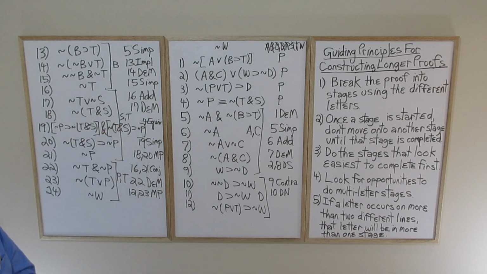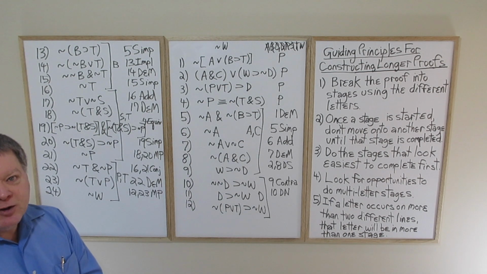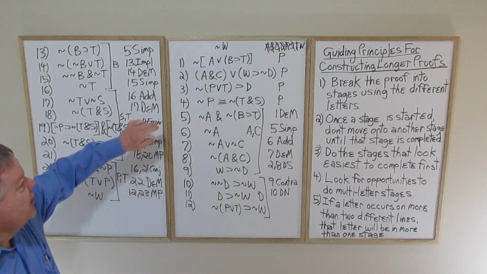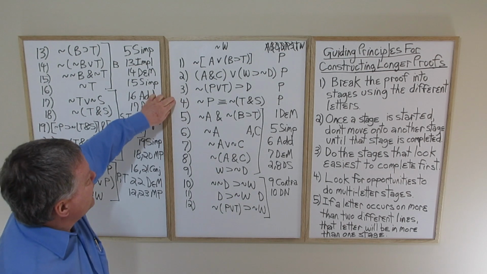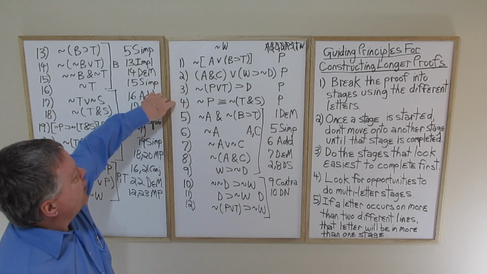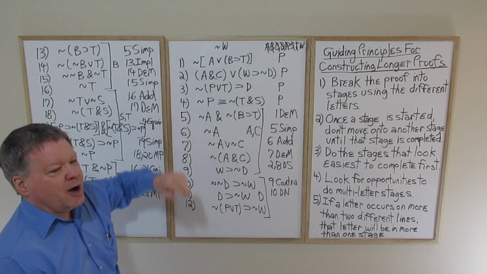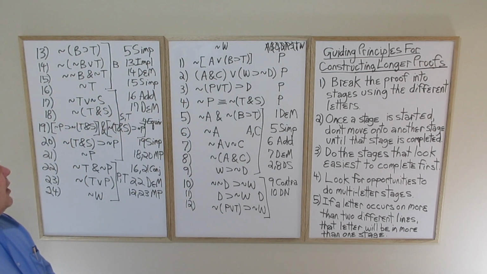And the reason that T occurs in 2 separate stages, as I noted earlier, is that the T-related information occurs not in 1, not in 2, but in 3 different lines of information. This is what we want to encourage when we're doing proofs at this level.